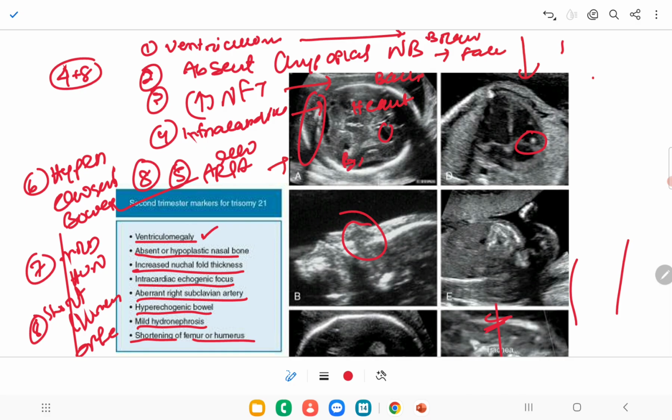Then you go to the bowel, the hyperechogenic bowel, then the kidney, mild hydronephrosis, then the short humerus and femur bones of the upper and lower limbs. So it is very important to remember. I will tell the trick, very simple, 8 points. I will write the 8 points here. Going head to toe, you get all the soft markers.